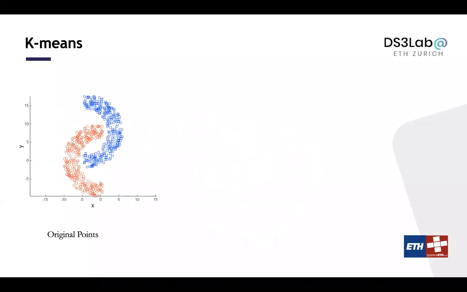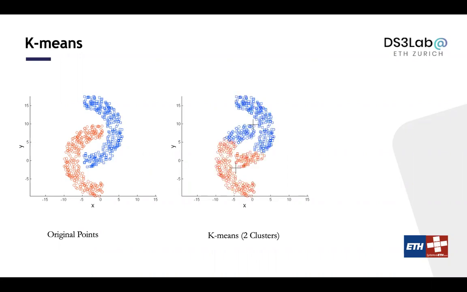Also, if you have a data example that looks like this and you run the k-means algorithm in Euclidean space, highly likely it's going to put all of this into one cluster, and all of this into another cluster. But as a human, if you look at this, naturally, for some applications, you might want to put all of these red dots together and all of these blue dots together. But if you run k-means, it always wants a ball shape in the space. So in this case, highly likely it's going to put all of this into one cluster and all of this into another cluster.